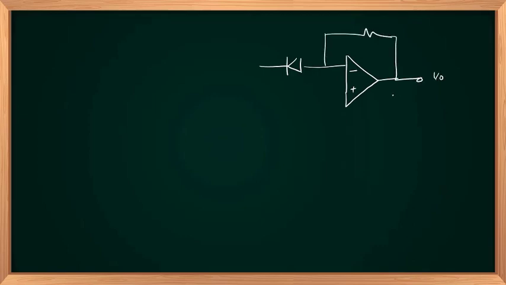If you are placing your diode at the input side in an inverting amplifier, like this, the circuit will function as an exponential or anti-log amplifier, without grounded V in.